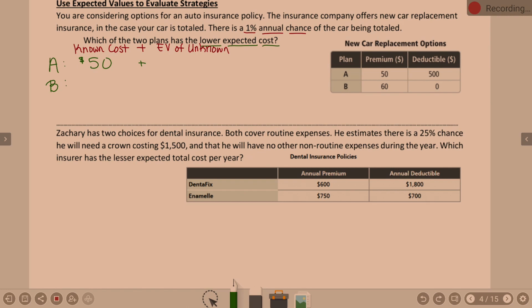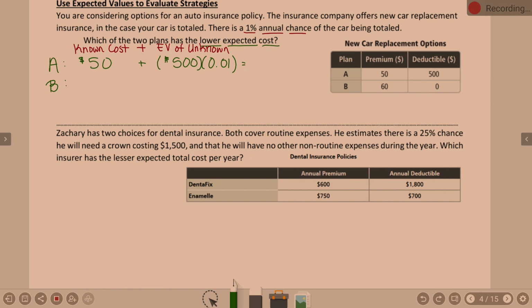So if you pay the $50 premium, what's the expected value that we could have to pay? $500 deductible, but there's a 1% chance. So here we're going to say the $500 times 1%, which is 0.01.